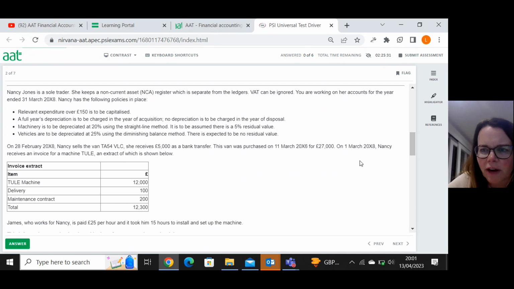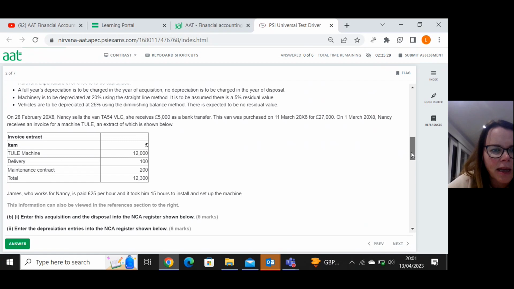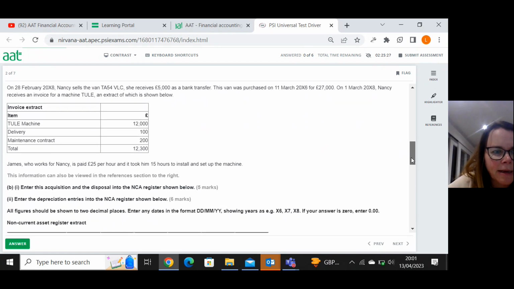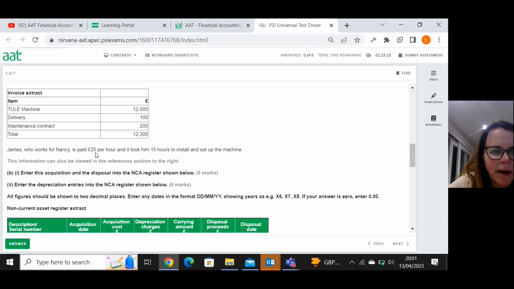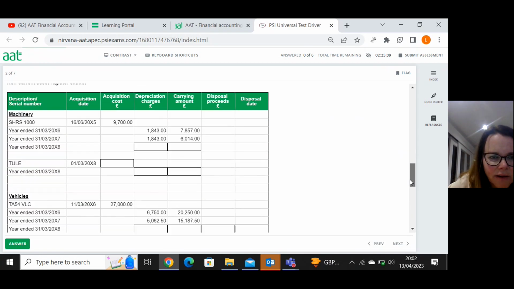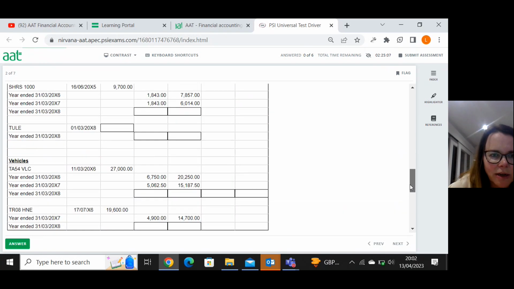So we've got a lot of stuff going on here by the looks of it. Got some information here about James being paid £25 an hour to install and set up a machine. Right. So it looks as if this is going to be a non-current asset register completion question.